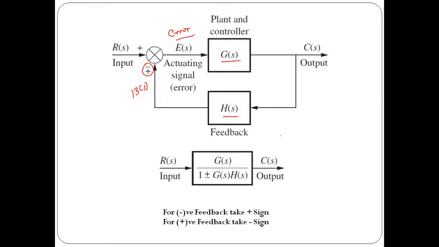These are very fundamental mathematical equations that we are going to apply many times in the coming lectures of control system. G of S upon 1 plus minus G of S into H of S. For negative feedback system, we need to take plus sign. For positive feedback system, we need to take minus sign.